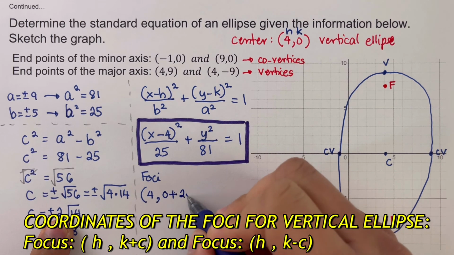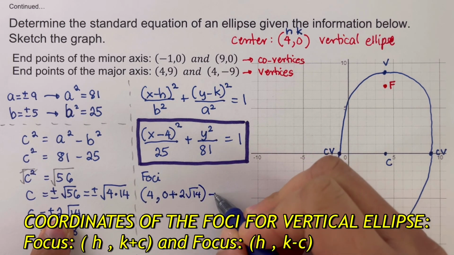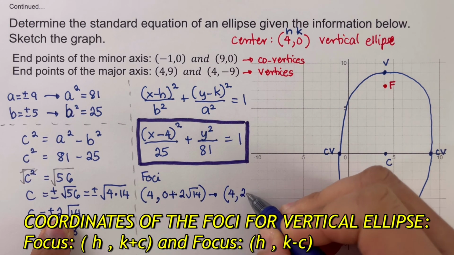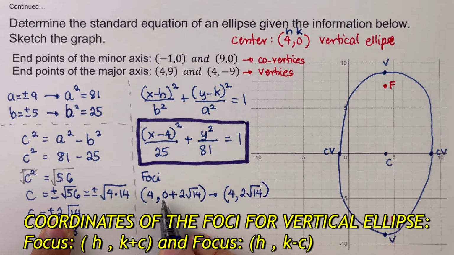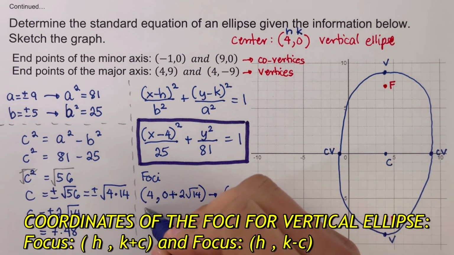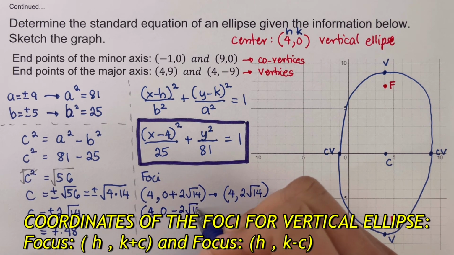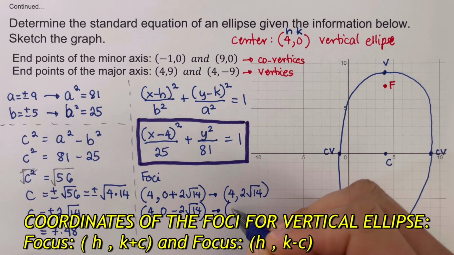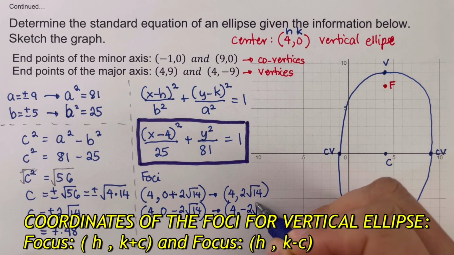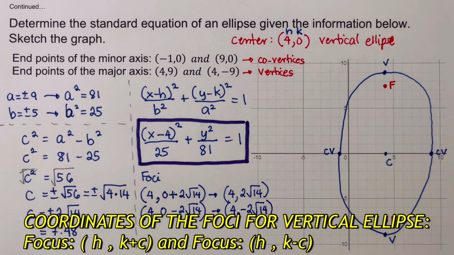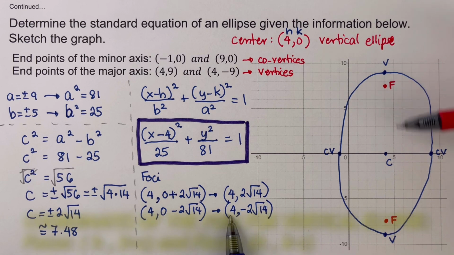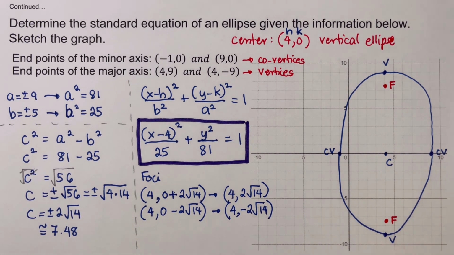This comes out to (4, 2 square root of 14), because adding 0 and 2 square root of 14 is just 2 square root of 14. The other coordinate would be (4, 0 minus 2 square root of 14), which gives us (4, negative 2 square root of 14). So these are the coordinates of the two foci: (4, 2 square root of 14) and (4, negative 2 square root of 14).